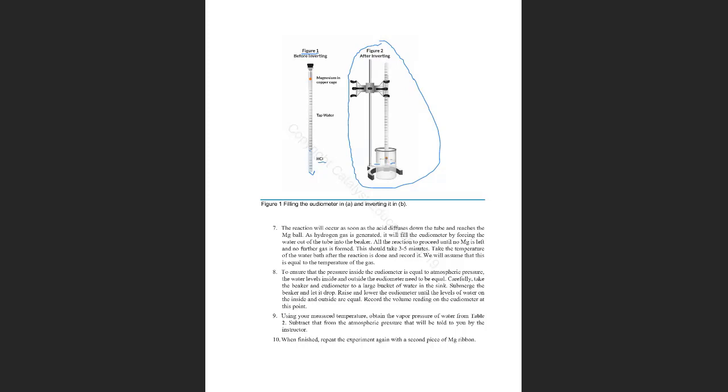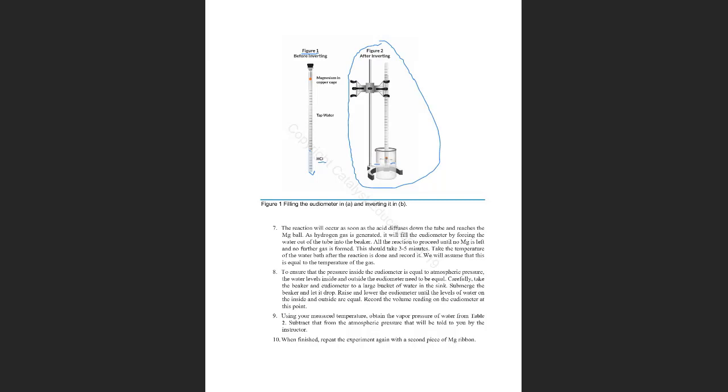We don't insert the thermometer in the eudiometer tube. We just measure the temperature of the water bath and assume it's the same. So this is basically the apparatus that we are going to use to calculate R.